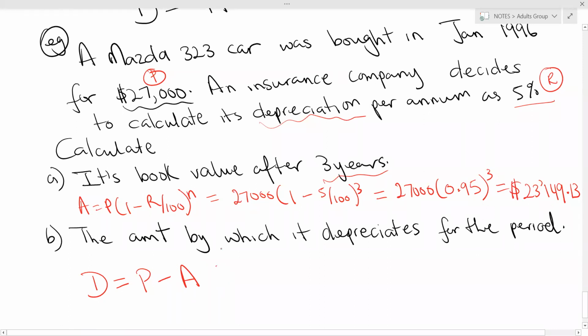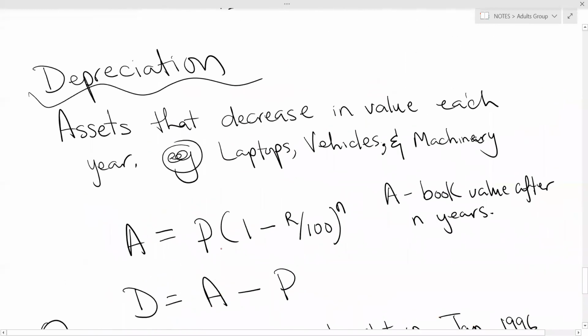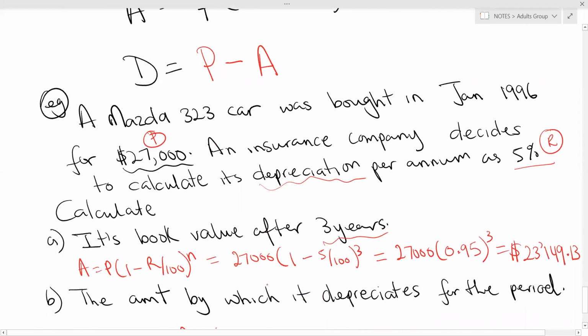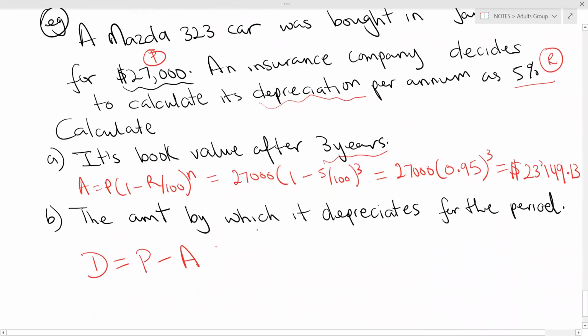Oh, I think I wrote it wrong above here. Principal minus your book value, right? Because remember, if something is depreciated, the amount you pay for it will be more than how much it's worth after a few years, right? So your principal, which would be the 27,000, is going to minus how much it's depreciated by.